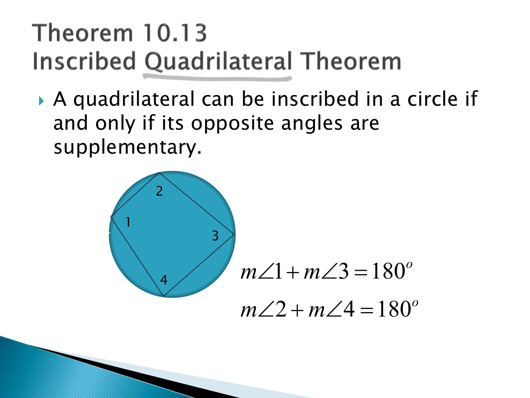It's not specifically a parallelogram. So in this case, opposite angles are going to be supplementary. So angle 1 plus angle 3 will equal 180, and then angle 2 plus angle 4 will also equal 180 when that quadrilateral is inscribed.